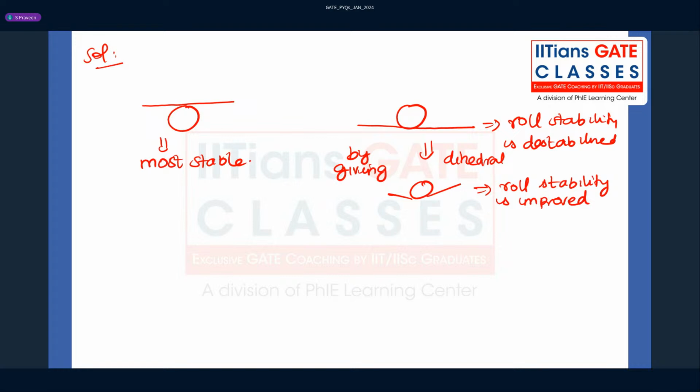So that is an undesirable case. So what you do is you try to give anhedral to the aircraft in here. By giving anhedral, we reduce the stability so as to attain controllability. Okay.